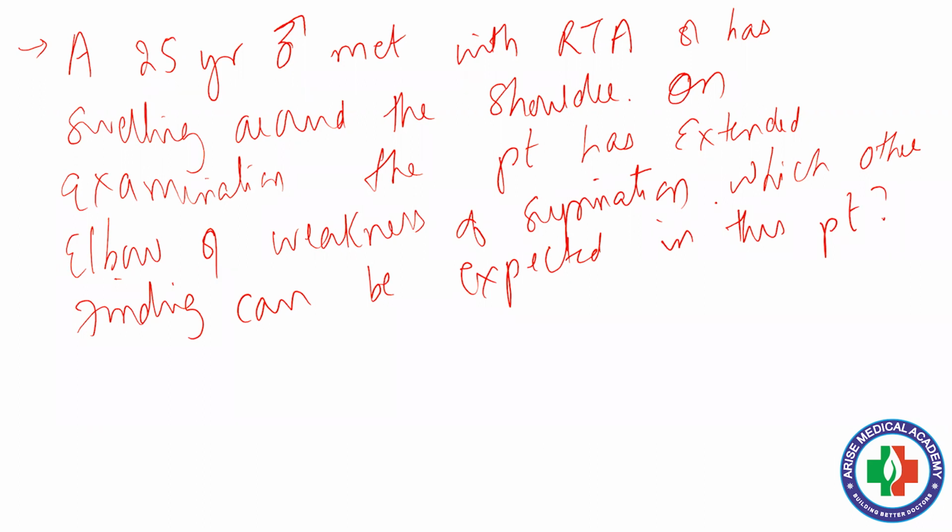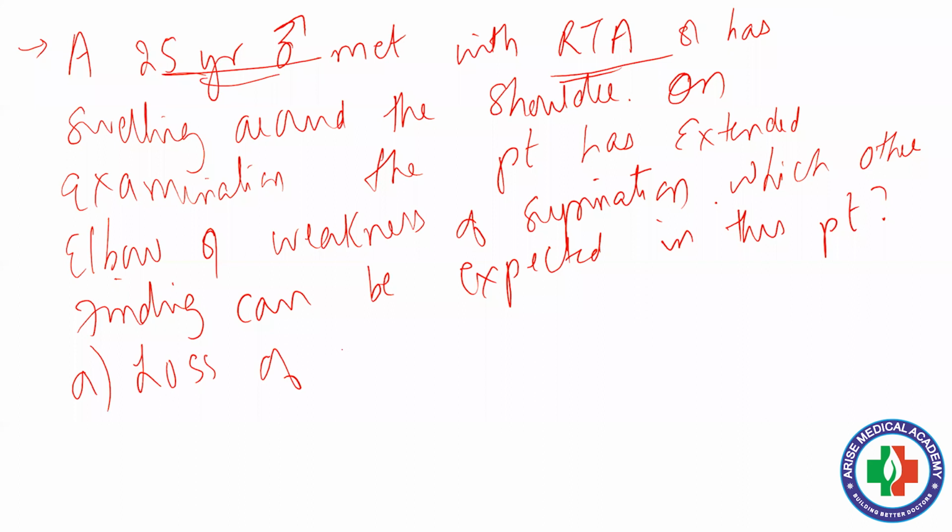It's a clinical question. Road traffic accidents are common in young males, right? So a 25-year-old male met with a road traffic accident is having some injury around the shoulder, and he's having inability to supinate and also has his elbow which is extended. Which other finding can be expected in this patient?